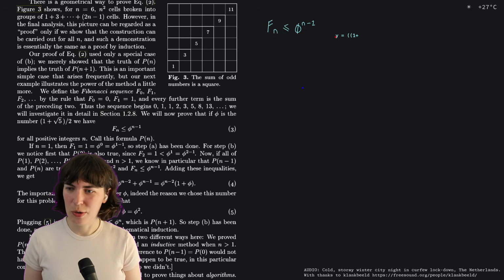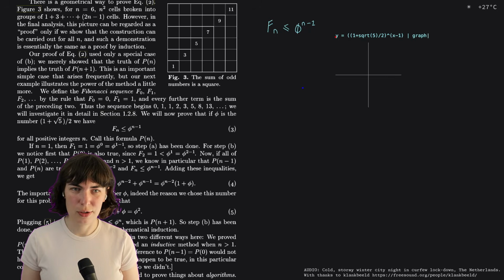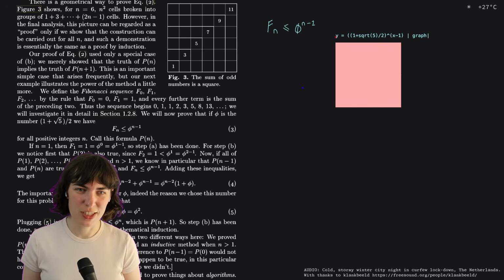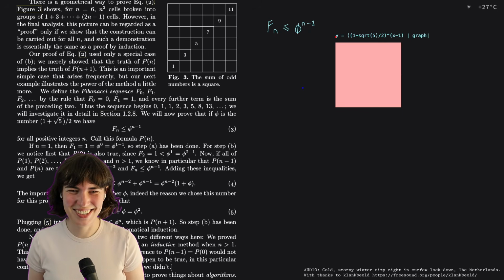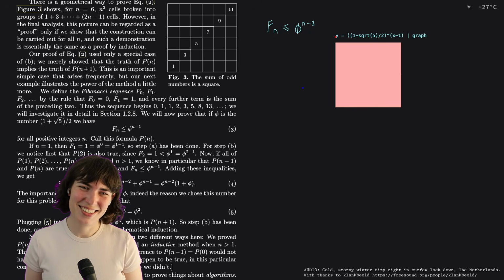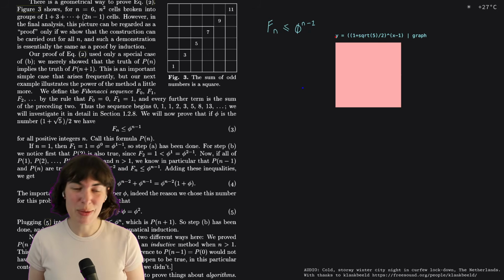Okay. 1 plus square root of 5 over 2, x minus 1. Doesn't work very well. Maybe it doesn't graph very well.